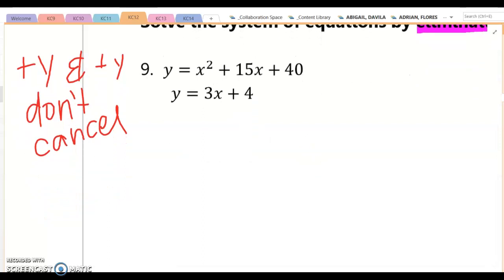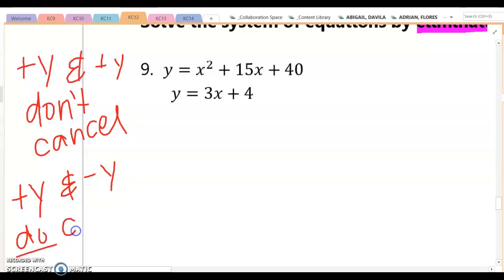But if we had a positive y and a negative y, those do cancel. So we have to figure out a way to make one of these y's negative. Well, if it's positive, all I have to do to make it negative is multiply it by a -1, right? The only thing is you can't just multiply one part of your equation by -1, you have to multiply the whole thing.